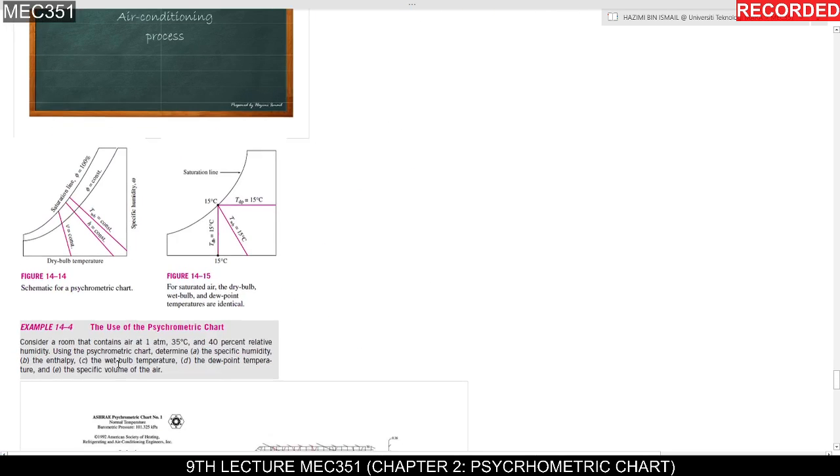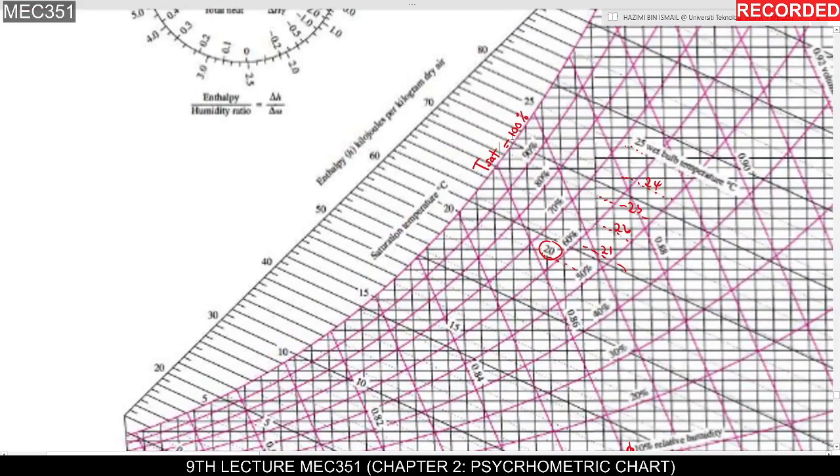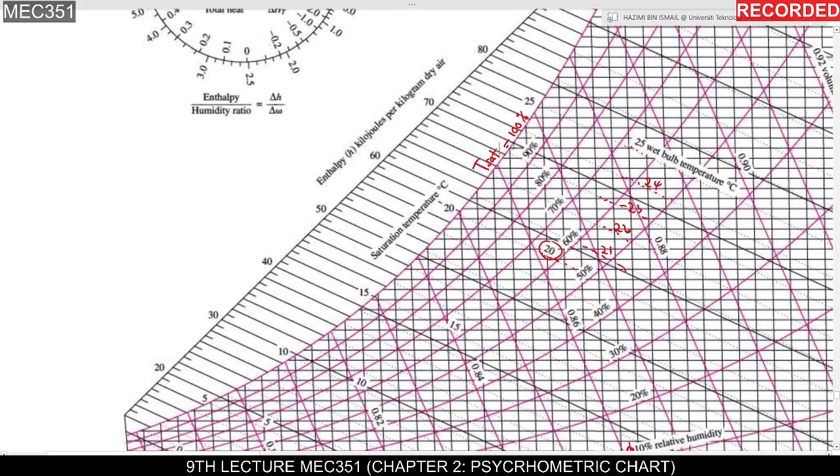So at this situation, the water will be condensed. The water in the air as water vapor will be condensed into liquid water droplets.